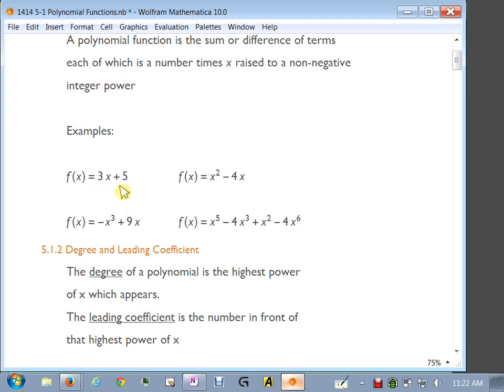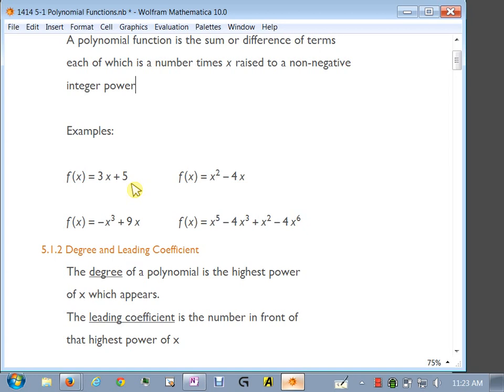3x plus 5. That's a function. How many terms does it have? 2. The first term has a 3, a number, in front of x to a power. What's the power on this x? 1. This is a 5 next to an x to a power? It's x to the power 0 is next to that.